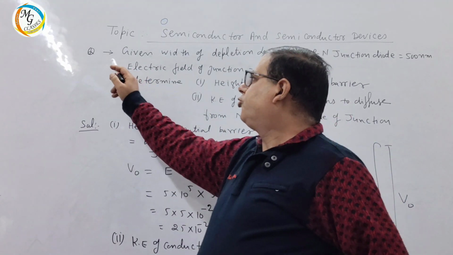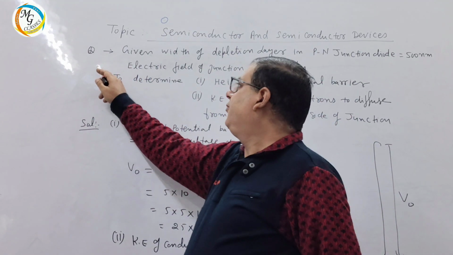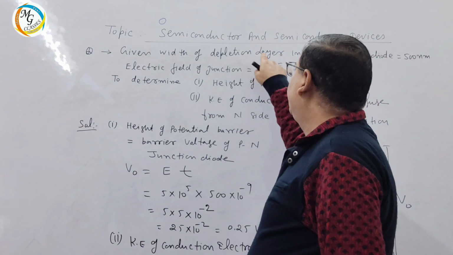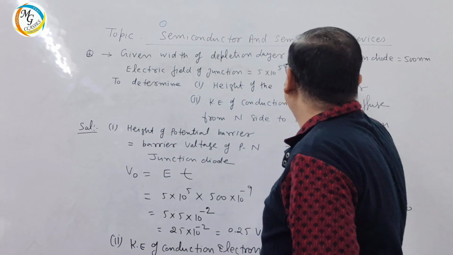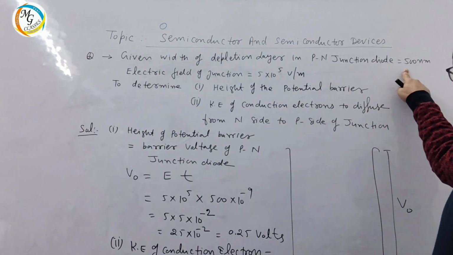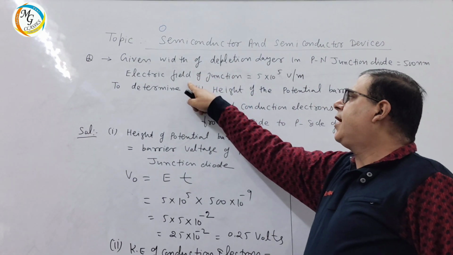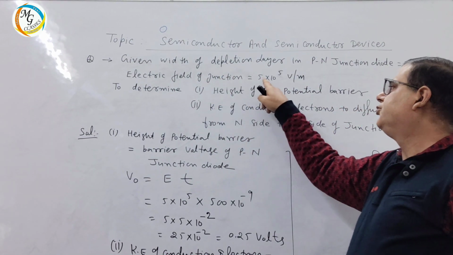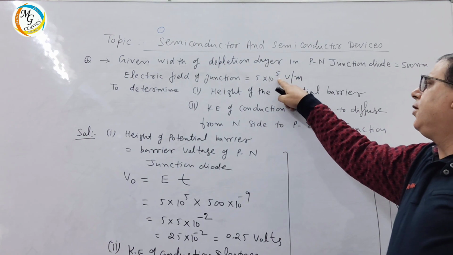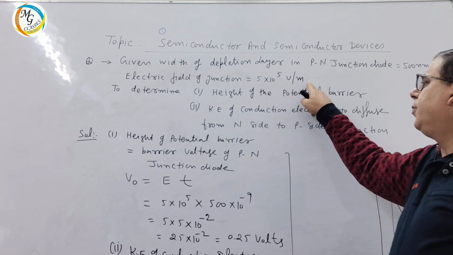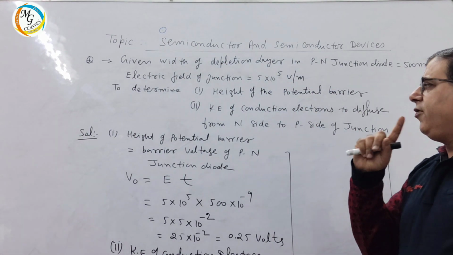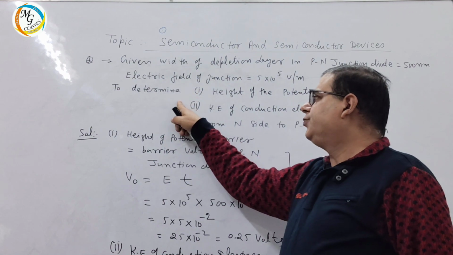So now here is question number 2, in which it is given that the width of the depletion layer in a p-n junction diode is equal to 500 nanometer, and the value of the electric field of the p-n junction diode is equal to 5 into 10 to the power 5 volt per meter. And we want to determine two things in this problem.